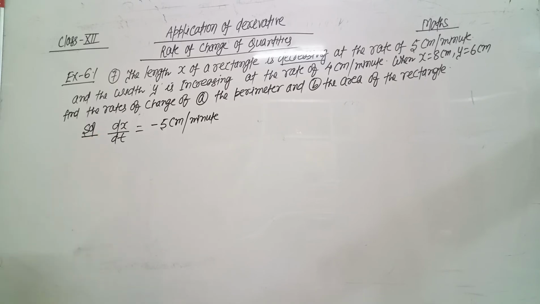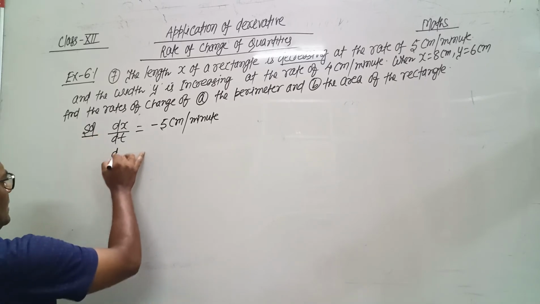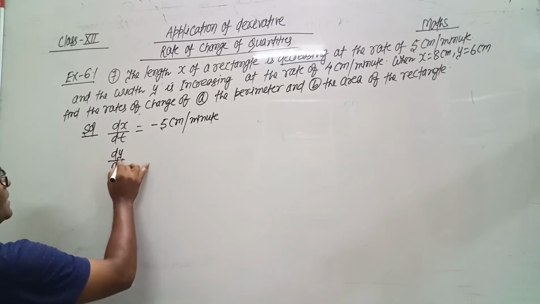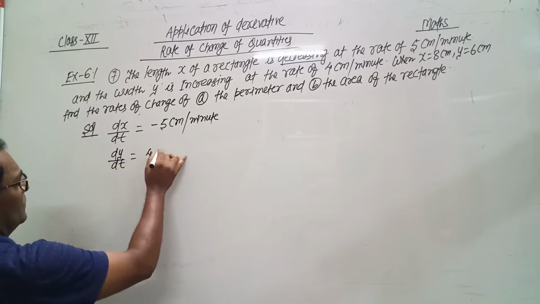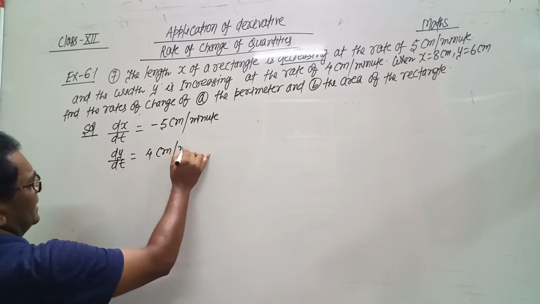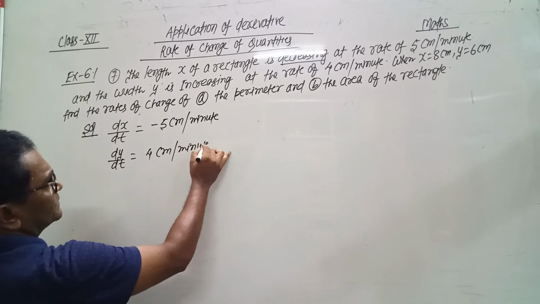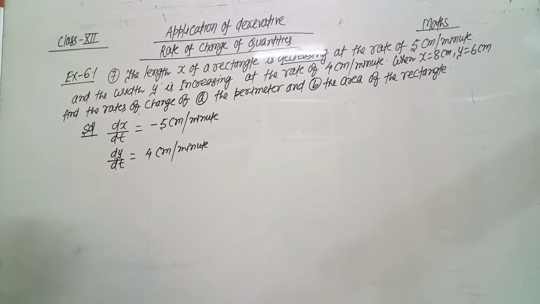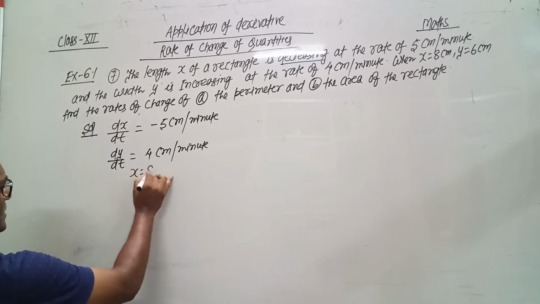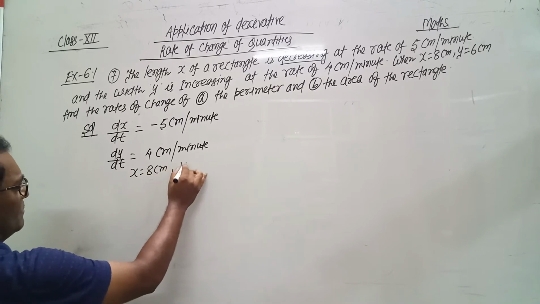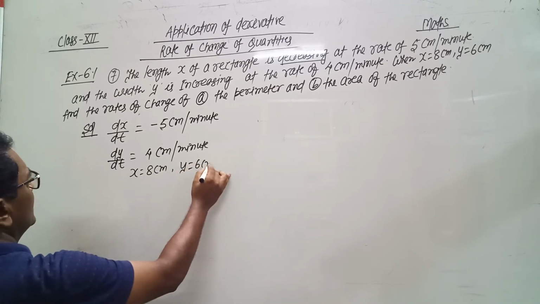And the width y is increasing, dy by dt at the rate of plus 4 centimeter per minute. The value is given when x equals 8 centimeter, y equals 6 centimeter.